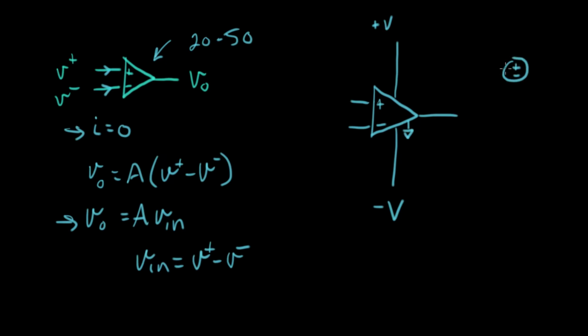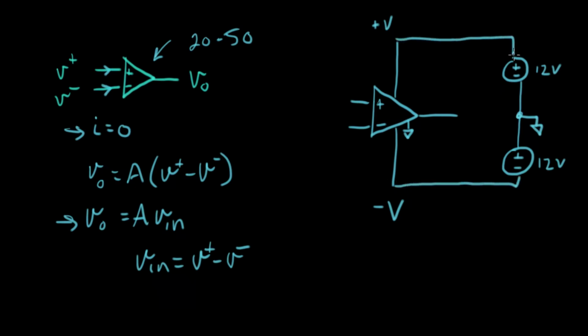When this is used in a circuit, over to the side there'll be two power supplies, and this will be 12 volts. 12 volts is a real typical value. And there'll be another one, and this is a plus 12 volt supply as well. They'll be connected together, and this node right between them will be our ground node. That's the voltage reference. The two power supplies will be hooked up this way.